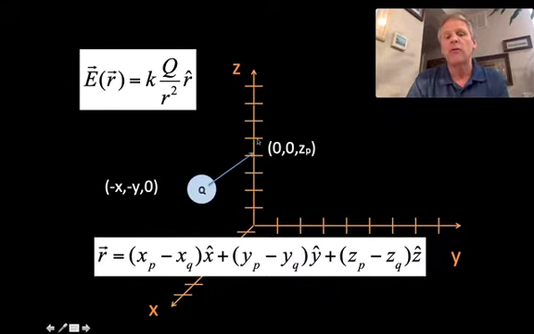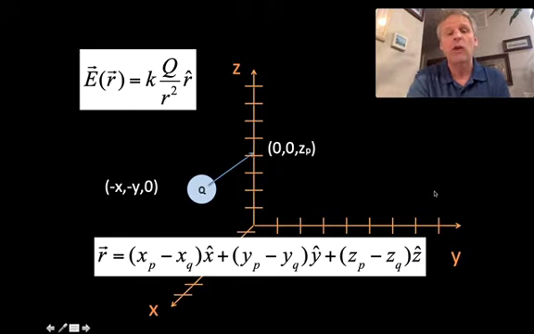It gives us a vector that is in the right direction. You should be able to look at this and figure that out. We're going from the charge to the point, and because we are doing that, this is the expression that ends up being accurate.